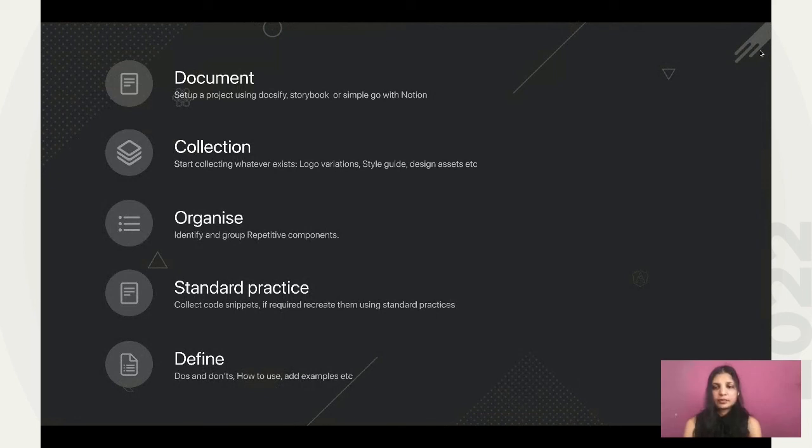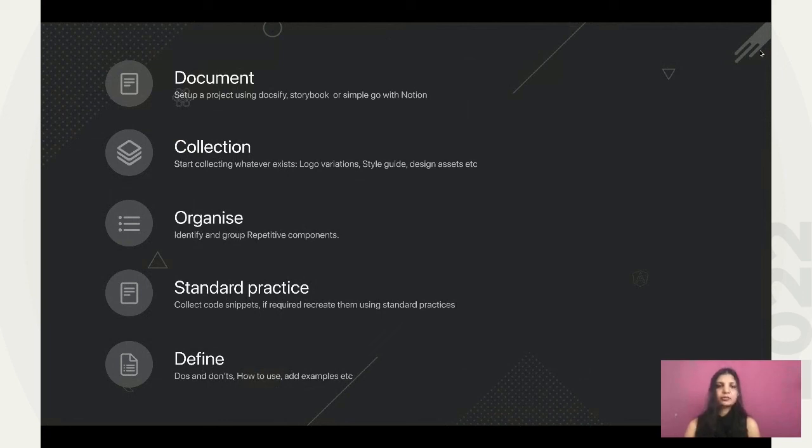But say you are in the middle of a product where we feel now is the time to have a design system, then probably we can have this structure. Set up your project. You can use Docsify, Storybook, or simply go with Notion. Start collecting the existing stuff like logo variations, the style guide, whatever the designer used to have. Then some design resource files and everything that exists. Start collecting it and organize it.